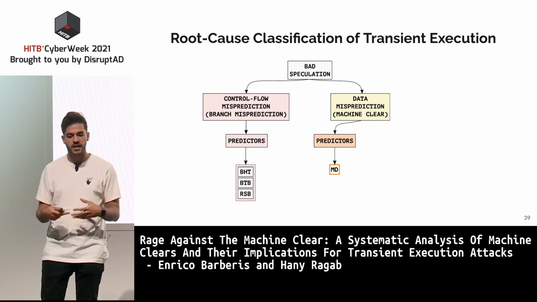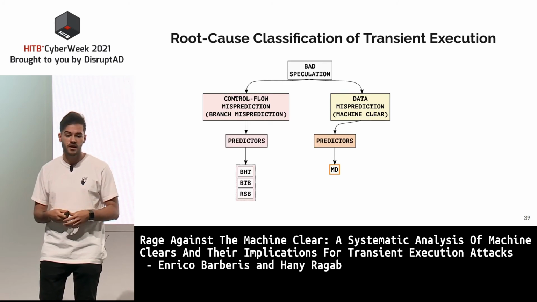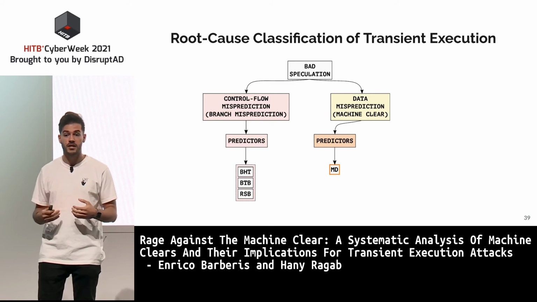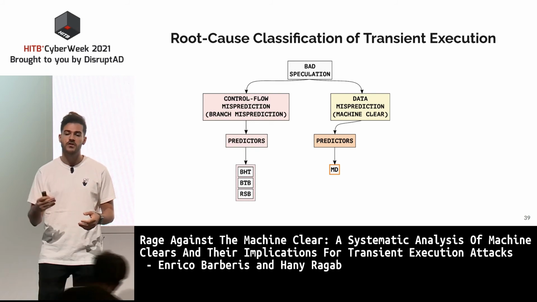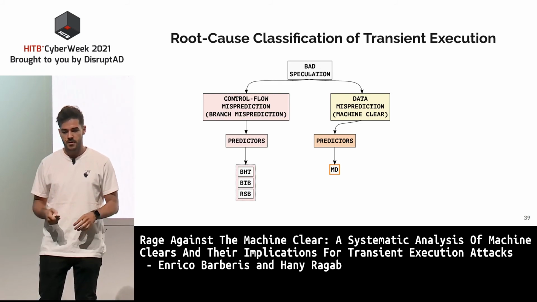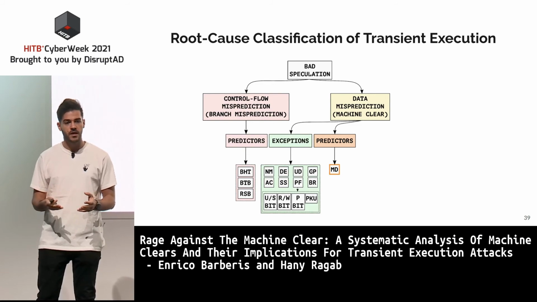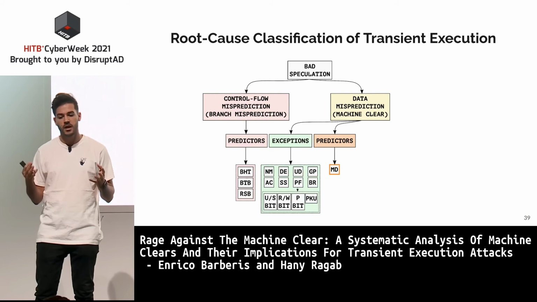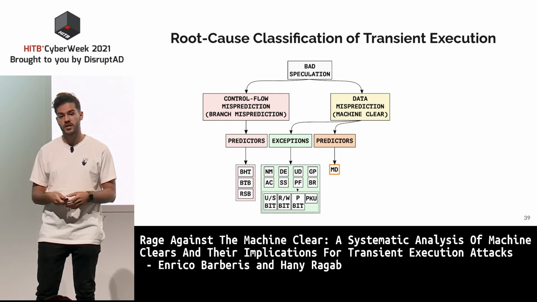Each subclass has its own predictor subclass. While control flow mispredictions are failed attempts to speculate on the next instructions to execute, data mispredictions are failed attempts to operate on data that has not been validated yet. Then we have the exception subclass of data misprediction, which represents all the architectural exceptions that have been widely explored in previous attacks.